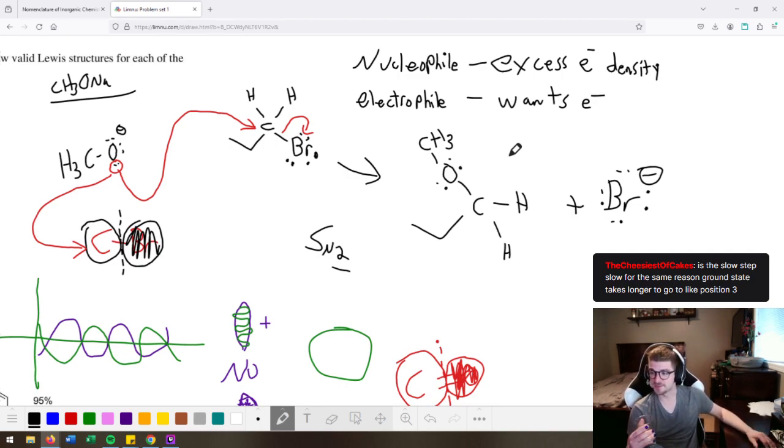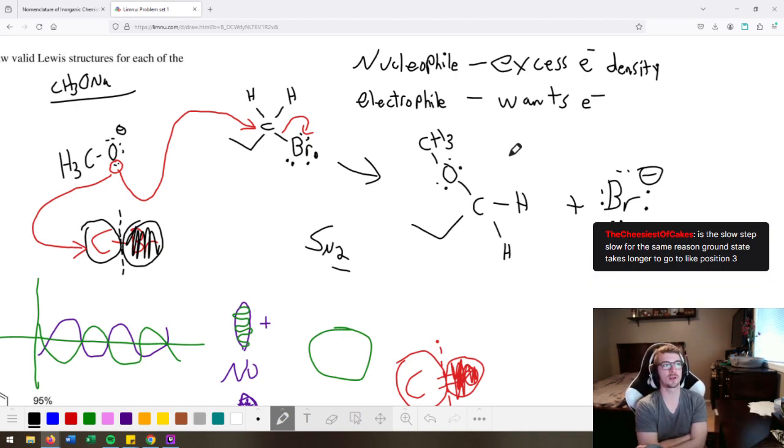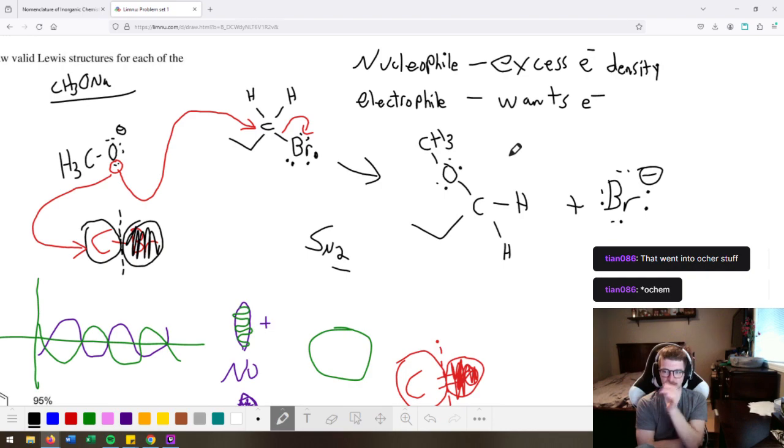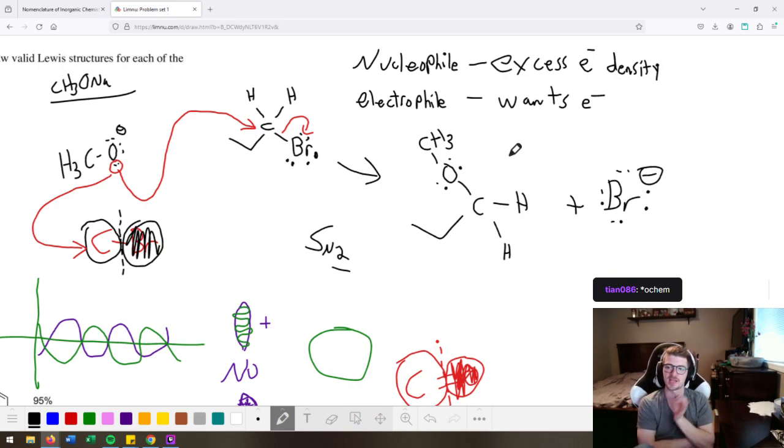But is a slow step slow for the same reason ground state takes longer to go to position 3? I need to think about that question for a moment. No, it's not the same as that process.